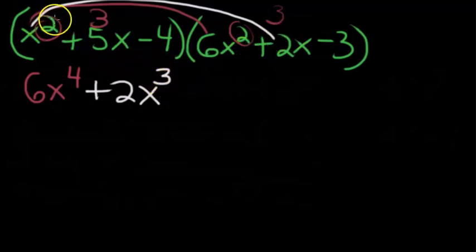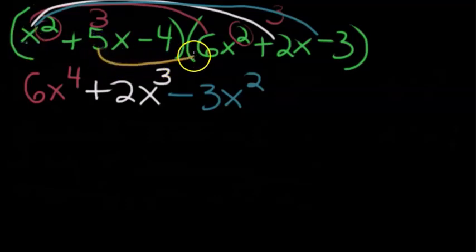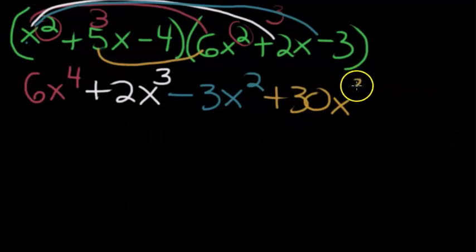So now we have x squared times negative 3. So we have negative 3x squared. Now let's do 5x times 6x squared, which gives us plus 30x to the 3rd.